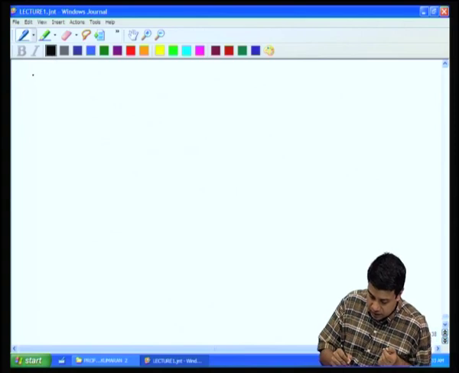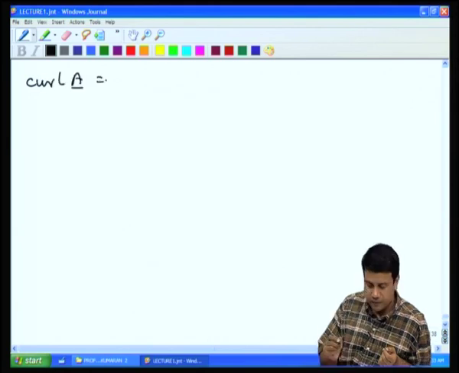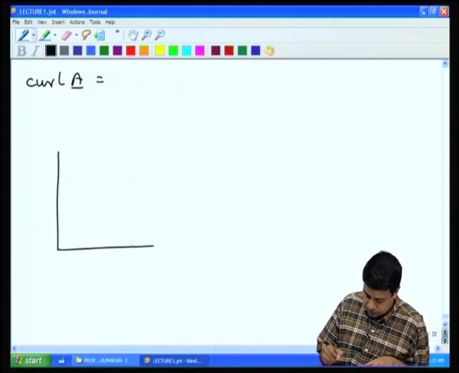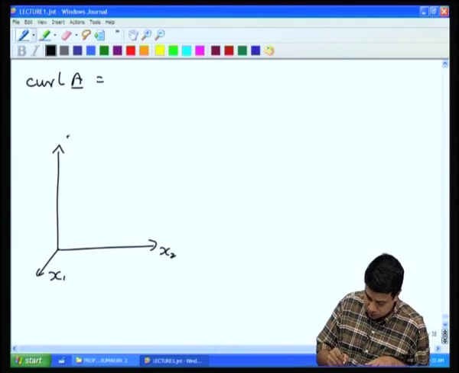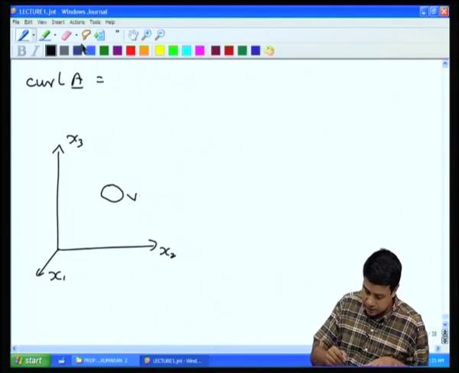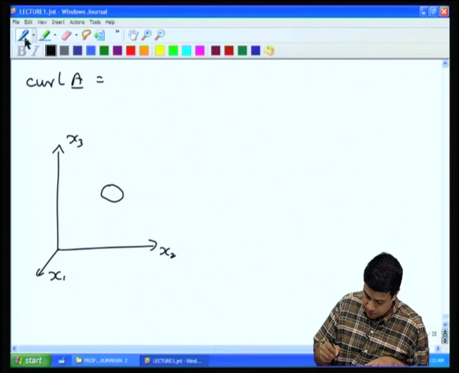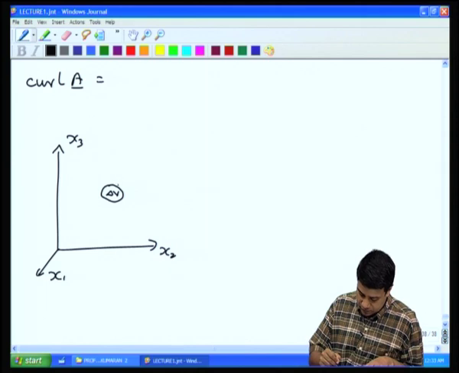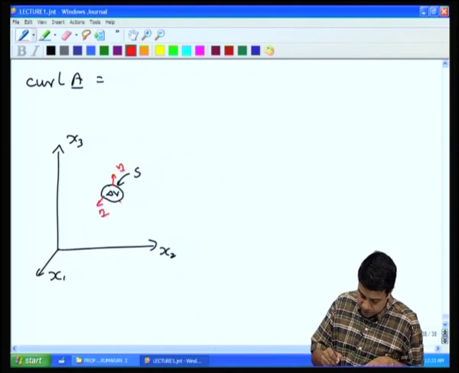So, the third differential quantity that we shall be dealing with is the curl. Once again, we take a small volume V, I will call it delta V, with a surface S and with unit normal n.